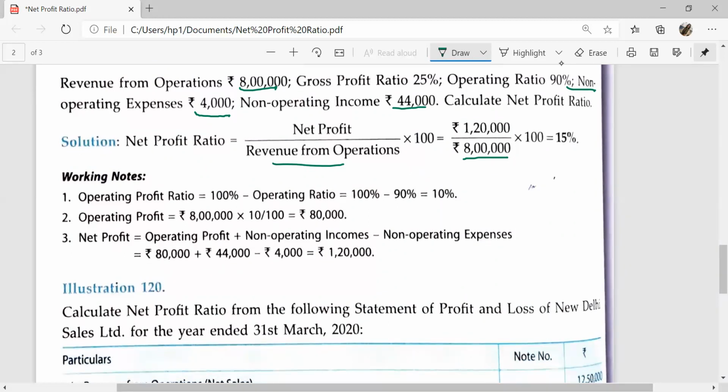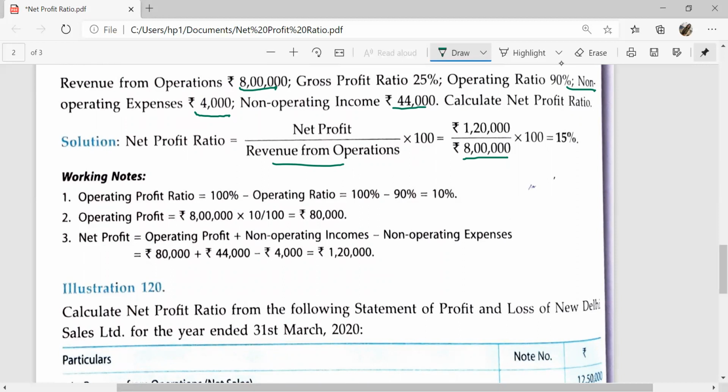We can calculate it from the gross profit ratio: gross profit minus operating expenses and non-operating expenses, and add operating incomes and non-operating incomes. But here non-operating expenses and non-operating incomes are given, but operating incomes and operating expenses are not given.